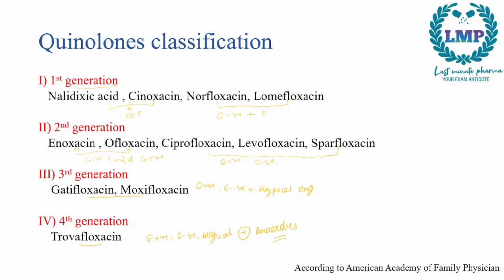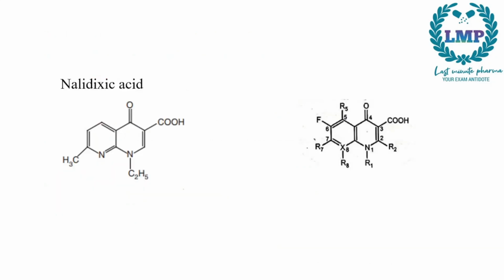Now let us look at the structures of quinolones. We will start with the first generation, that is nalidixic acid. Now let us look at the general structure. We have to draw two benzene rings which are fused to each other. Since it is based on the structure of 4-quinolone, we will give it that same structure.